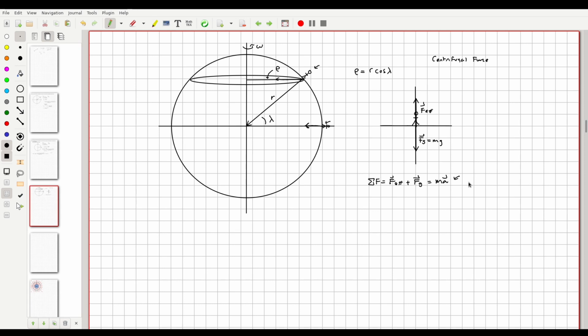And in the R direction, which would be out like that, you would have your effective force minus mg is equal to minus mv squared over r. Now, v would be your tangential velocity as you go around in a circle. But we know from our discussion of rotational motion that v here is just equal to r times omega, omega being your angular velocity. So if you plug that in, that's minus m r omega squared.